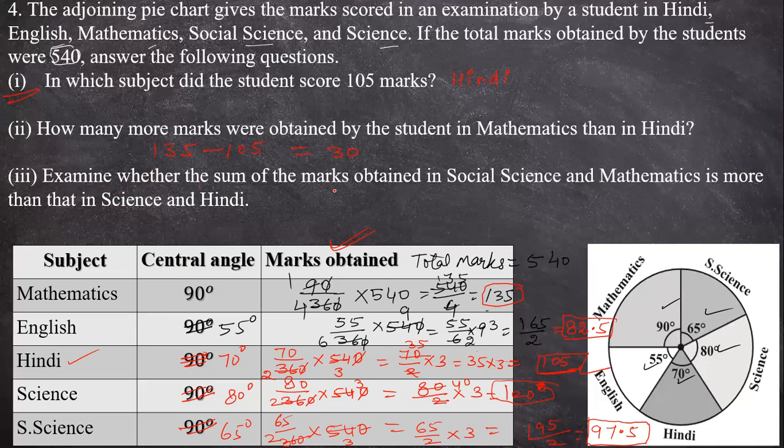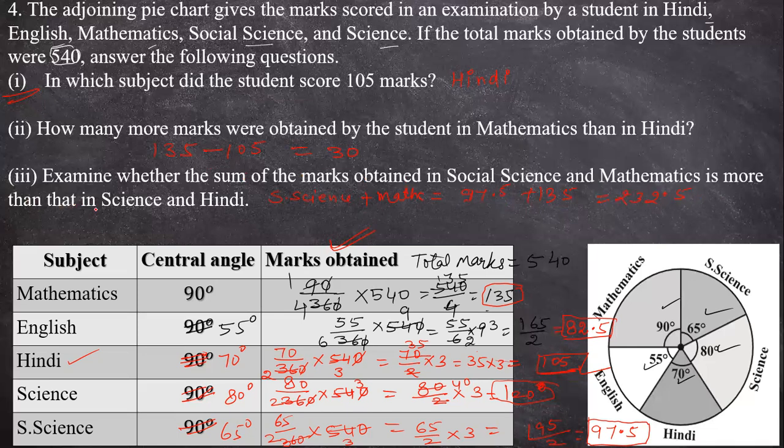Examine whether the sum of the marks obtained in social science and math is more than that in science and Hindi. So social science 97.5 and maths 135 plus 135. So the marks will be 7 plus 5, 12, 1 carry, 10, 3, 13, 1 carry, 232.5 marks.